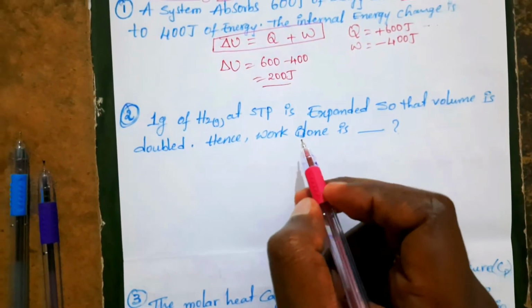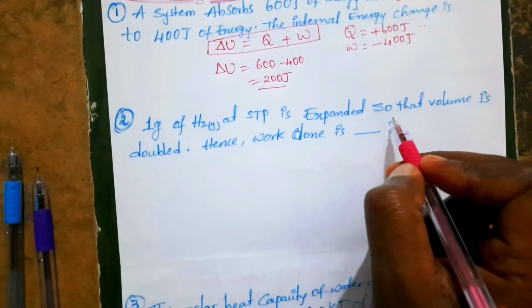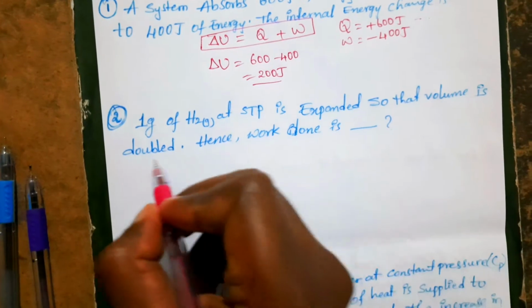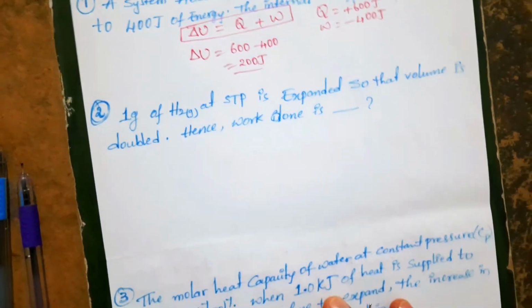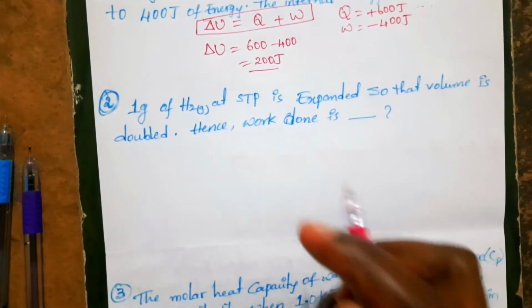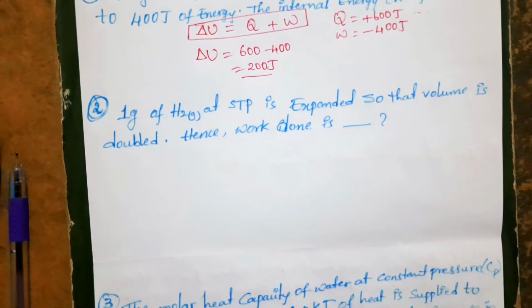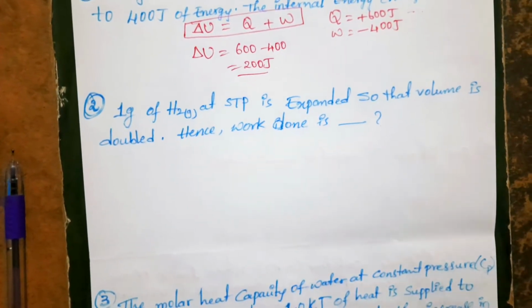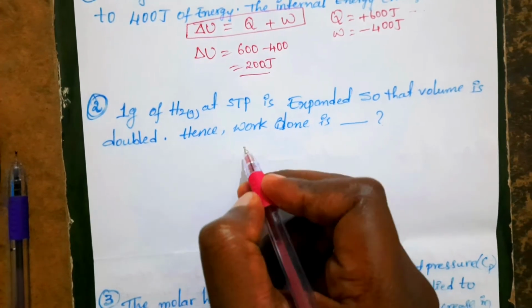1 gram of hydrogen at STP is expanded so that the volume is doubled. Hence work done is how much they are saying.